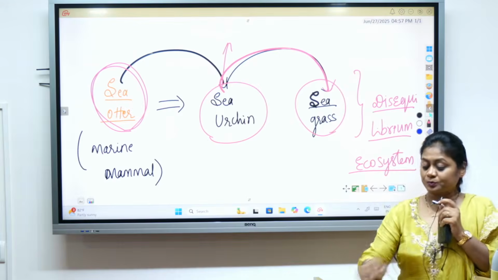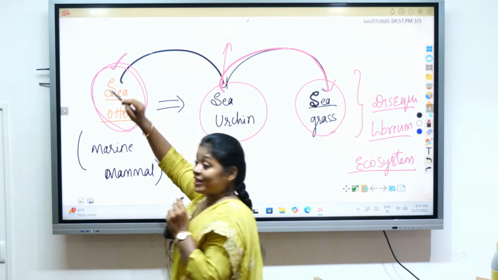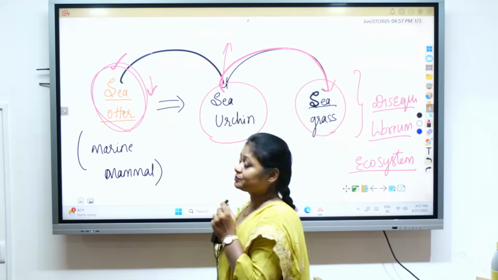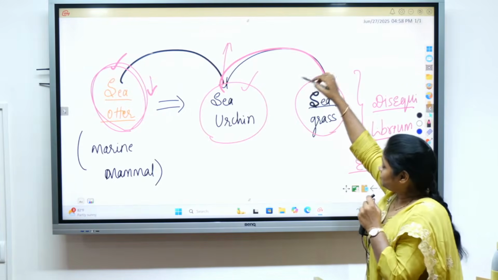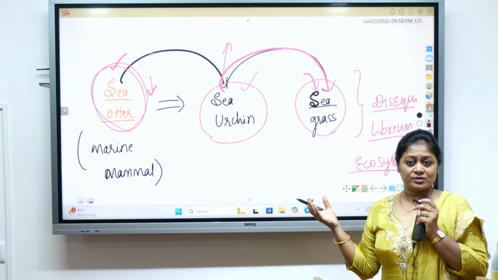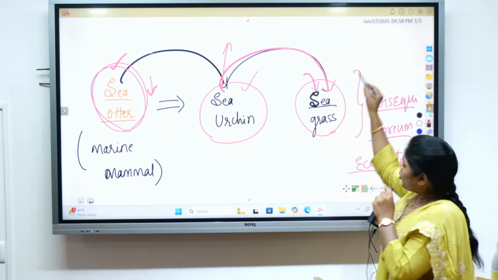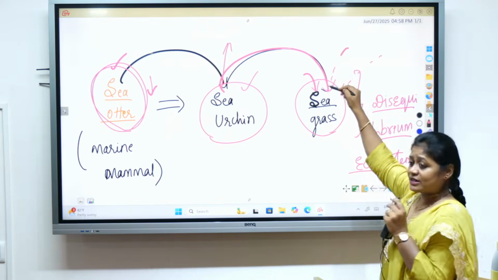Sea otters are keystone species. A decline in their number leads to an increase in sea urchins, which leads to disappearance of the seagrass. Seagrass are producers, foundational species, and so many other marine organisms depend on seagrass for their survival.